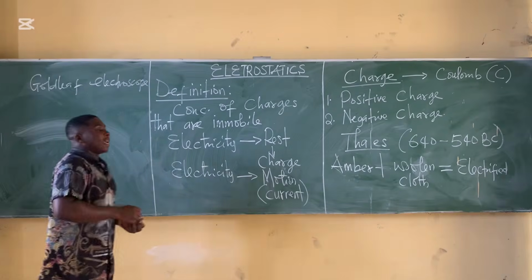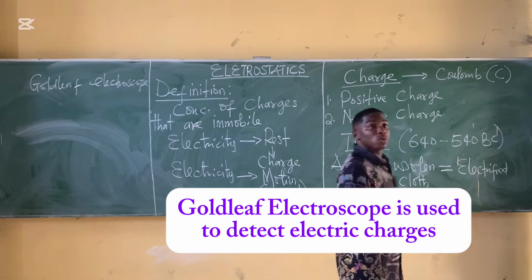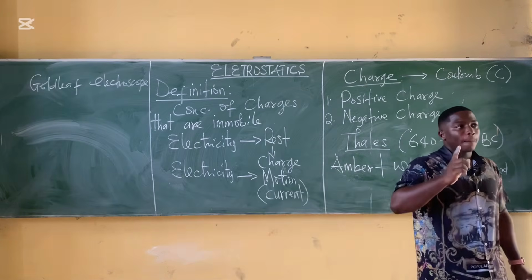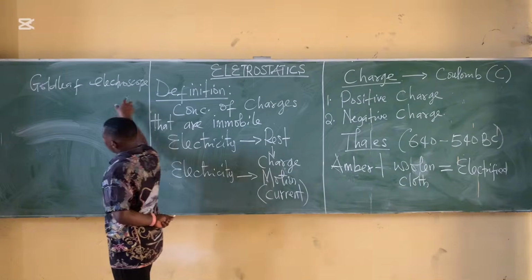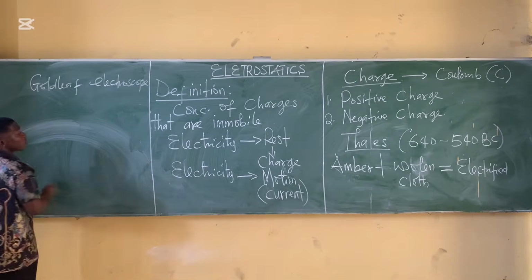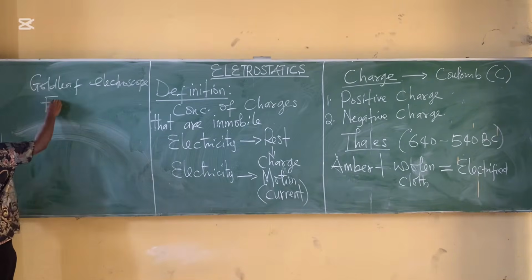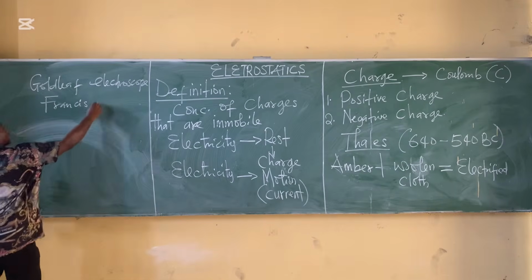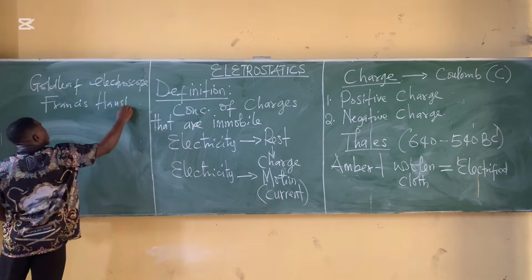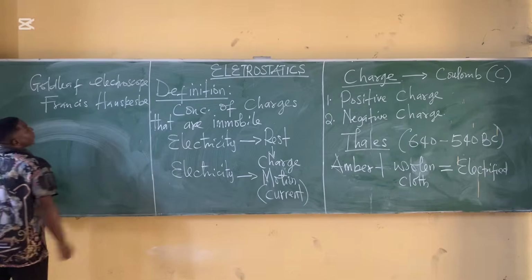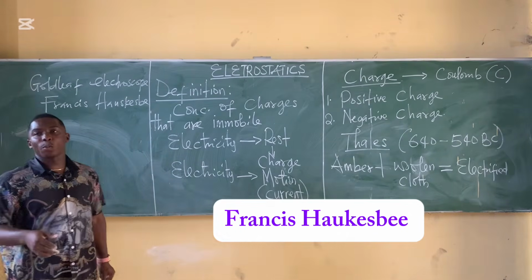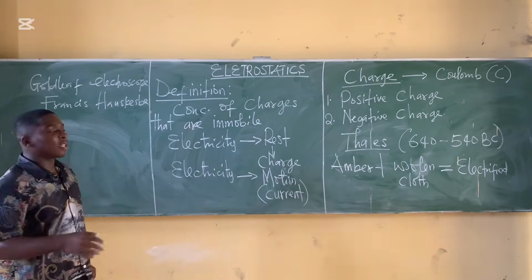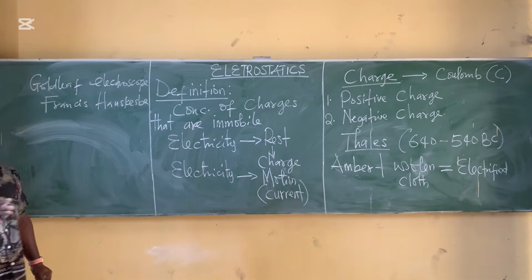To be specific, it's called a gold-leaf what? Electroscope. The gold-leaf electroscope was discovered by Francis Hawkesby.